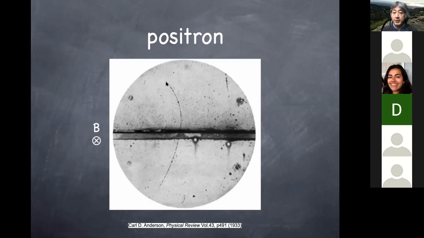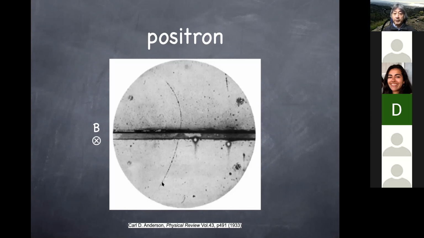That uniquely points to the interpretation that it is a positively charged particle coming from below, losing energy in the metal plate, and continuing to move above. So thanks to this metal plate, he could come up with the unambiguous interpretation that this is a positively charged particle.